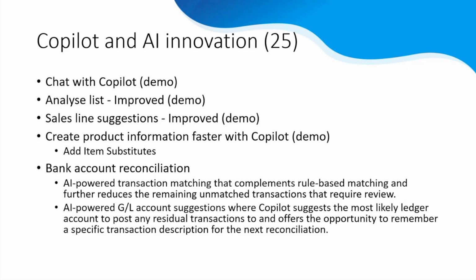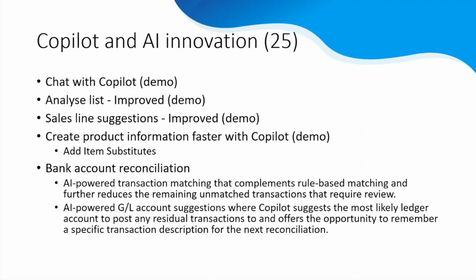And as well, the AI-powered GL account suggestion, where Copilot looks at your chart of accounts and suggests which account you can use to post any of these residual transactions, based on a specific transaction description. And it can also save those, like in the old Pastel Bank Manager, where you can then go back when you import your next bank statement for your reconciliation. Those text-to-account mappings are already available for you to have faster bank account reconciliations.